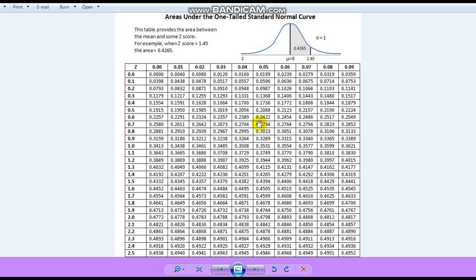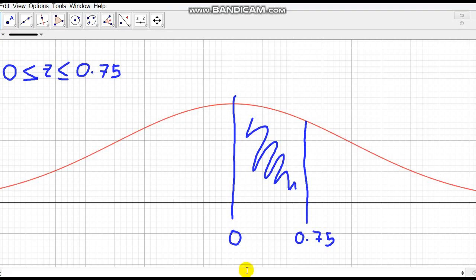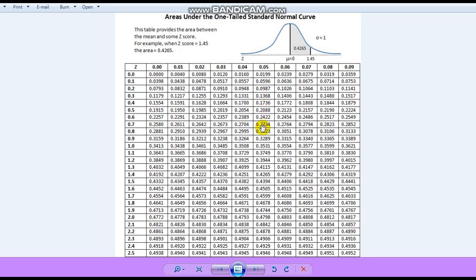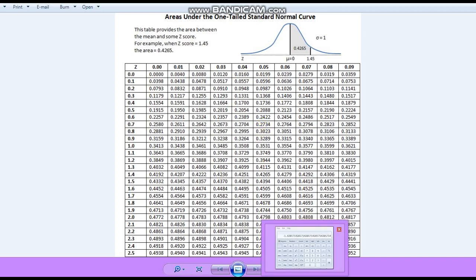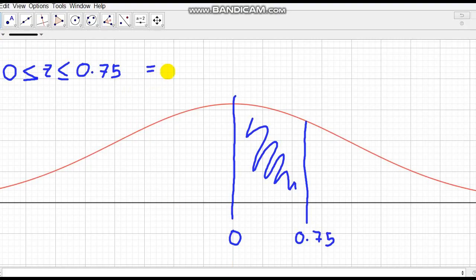You can check your book and see if we're on the same page here on the area. So for 0.75, that area is 0.2734. Therefore, the area between 0 and 0.75 is 0.2734. So let's write it down here.